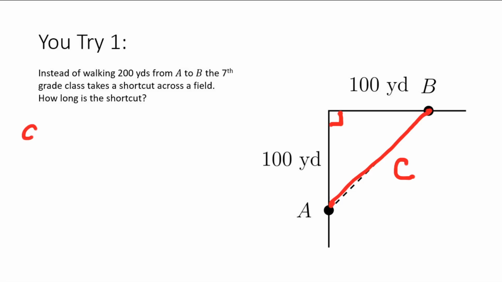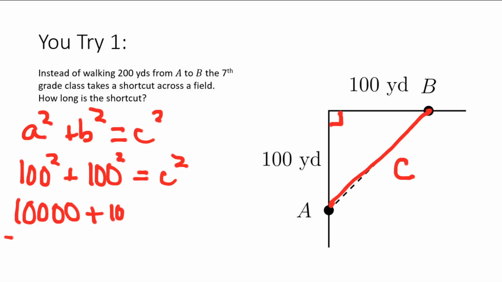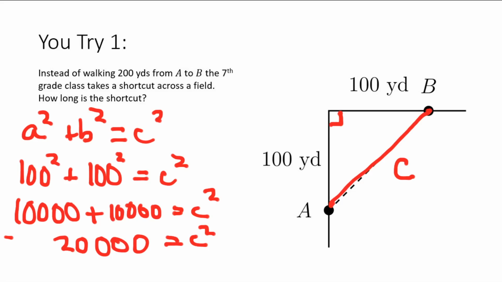So I have a squared plus b squared is equal to c squared. I know that a is 100, and I know that b is 100. 100 squared, 100 times 100, is 10,000. So 10,000 plus 10,000 is equal to c squared. That means that 20,000 is equal to c squared.